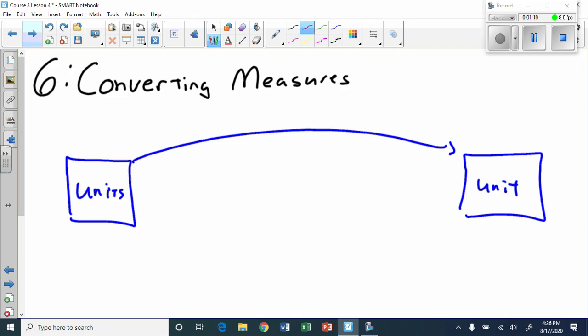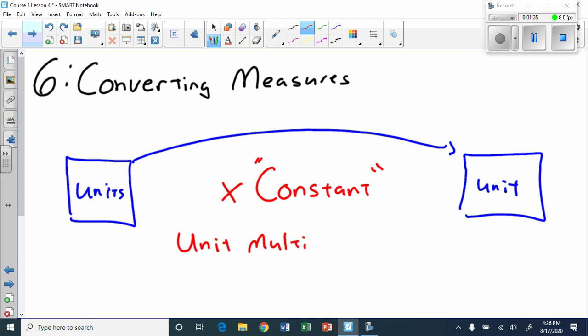We are going to have to multiply by some kind of constant. Okay? Now we're going to call that constant typically a unit multiplier.